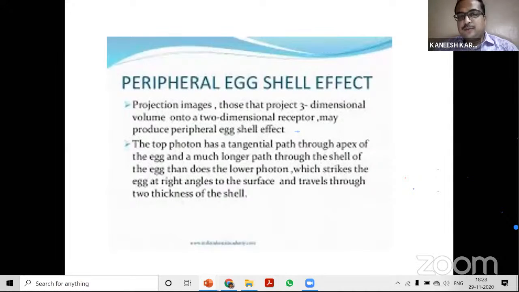Projection images, those that project a three-dimensional volume into a two-dimensional receptor, may produce the peripheral eggshell effect. That is, the top photon has a tangential path through the apex of the egg and a much longer path through the shell of the egg than does the lower photon, which strikes the egg at right angles to the surface and travels through two thicknesses of the shell. Okay.